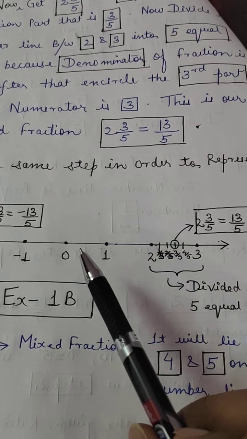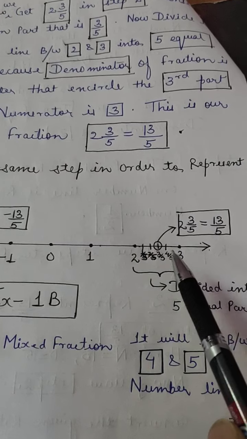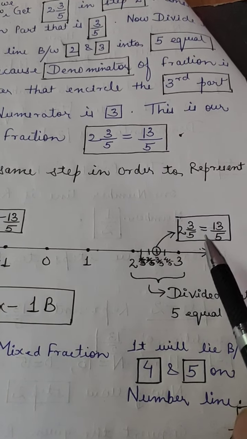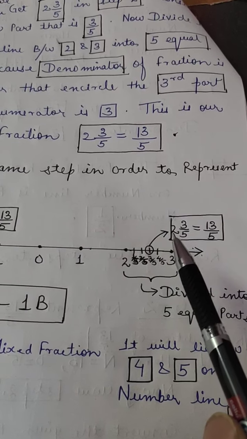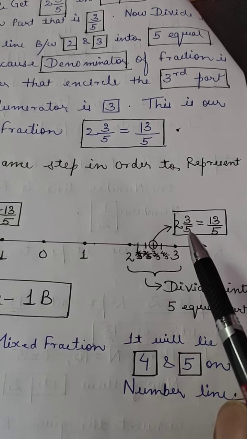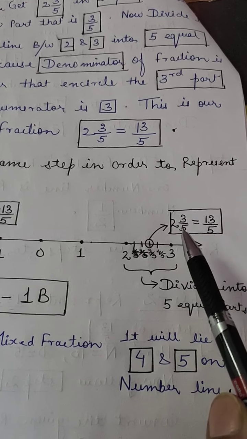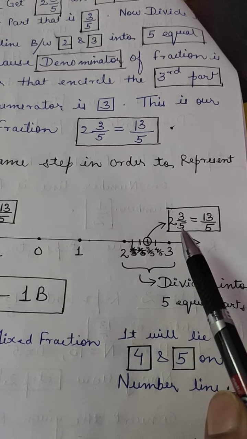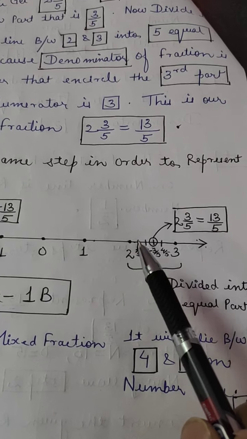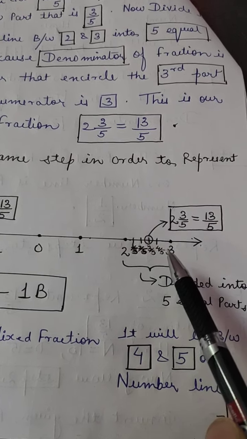For example, here on the number line 0, 1, 2 and 3, the whole number part of this mixed fraction gives the indication where this fraction will lie. It will lie between 2 and 3. Next, the denominator of the fraction part 3 by 5 will give the information about how many parts the number line is divided into between 2 and 3.